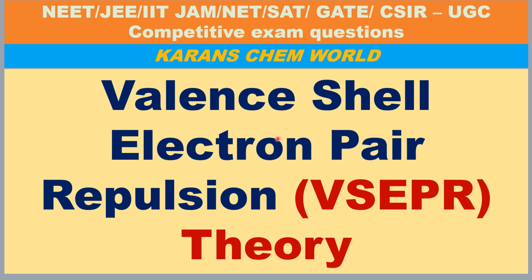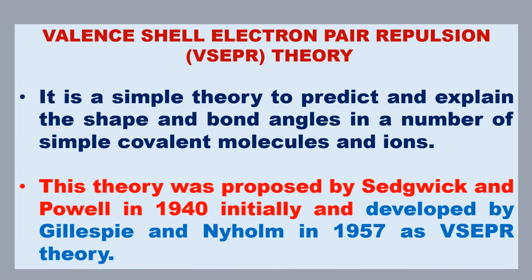In this video, let us study valence shell electron pair repulsion theory. What is valence shell? Valence means outer shell. Valence shell electron pair repulsion theory is called VSEPR theory.